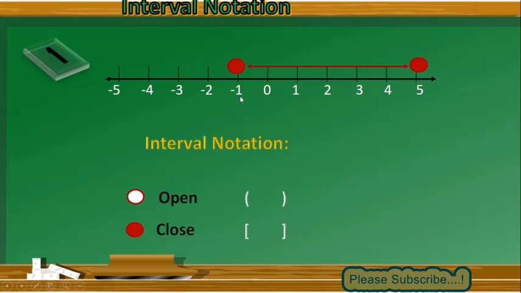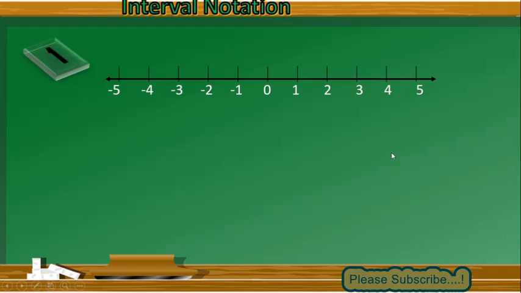So we write the bracket first, which means that negative 1 is included in the solution, comma 5, then bracket, which means that all of these are included in the solution. Okay, next problem.